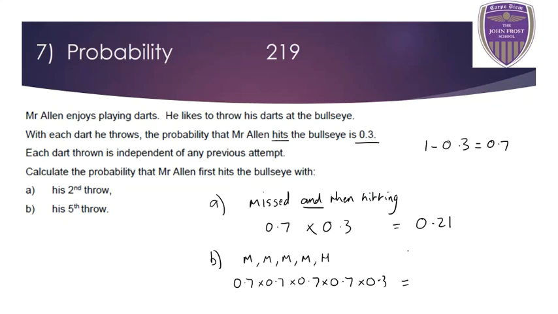Okay, so just type that in a moment. 0.7 to the power of 4, because it's multiplied by itself, multiplied by 0.3, giving me a final solution on this one of 0.07203. But it's important you can see with these types of questions what they mean and what you need in order to perform the calculations.